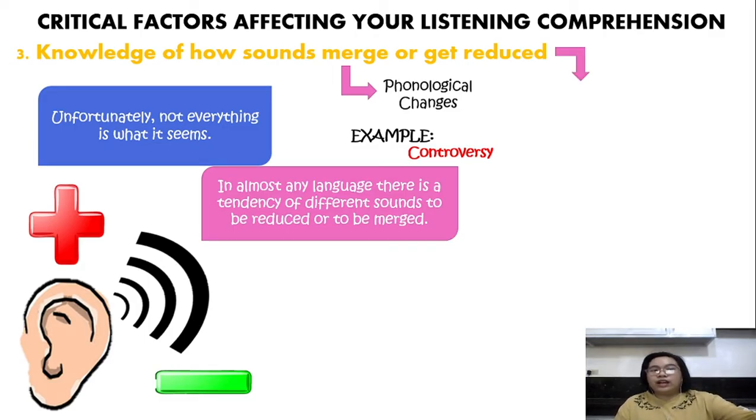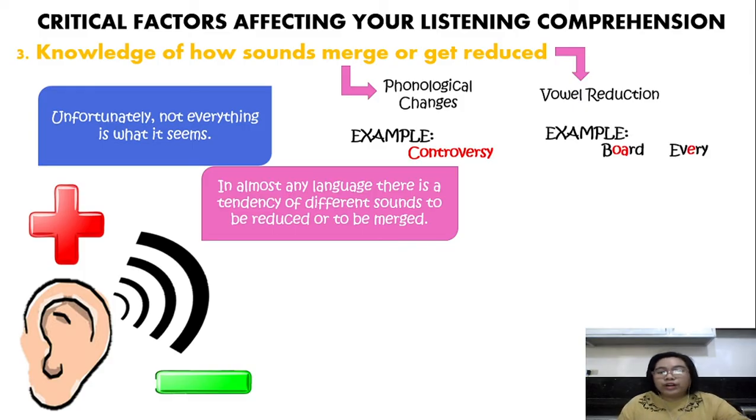Next, the students' knowledge on how sounds get reduced, or vowel reduction. When we say vowel reduction, it tackles the various changes in the acoustic quality of vowels as a result of changes in stress, duration, loudness, articulation, etc. For example, the words bored and every. It makes the vowel shorter, or weakens the vowels.